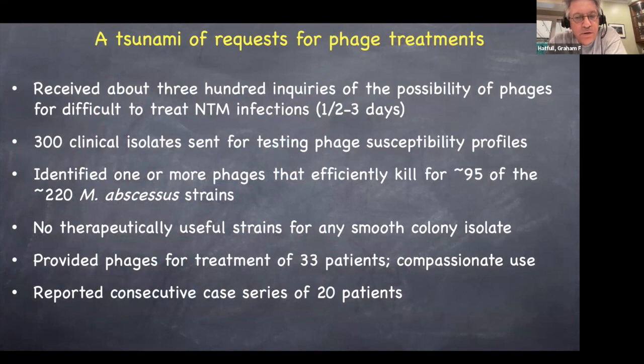About one every 2 or 3 days, we get an inquiry, and we respond by asking for the physicians to have their clinical microlab send us the strain. Most of these are Mycobacterium abscessus strains, and the others are a variety of other mycobacterial strains.